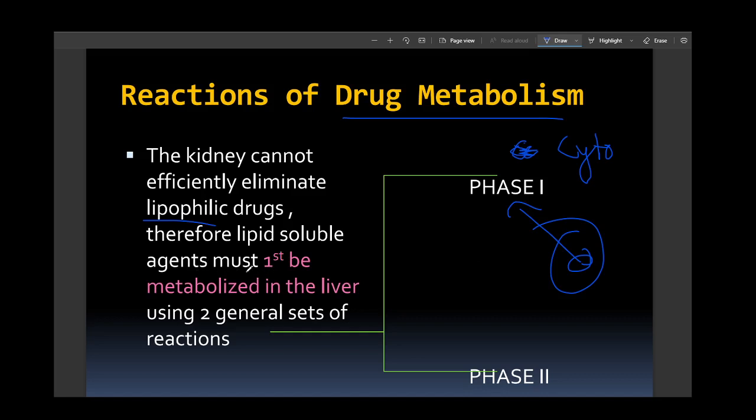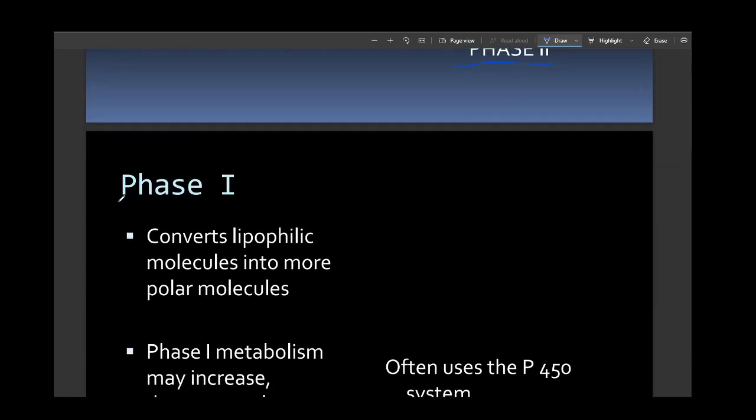And the agents must be first metabolized in the liver using two general sets of reactions, phase 1 and phase 2. Now we will see what is phase 1.